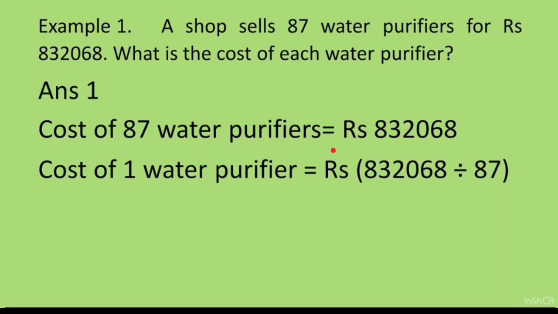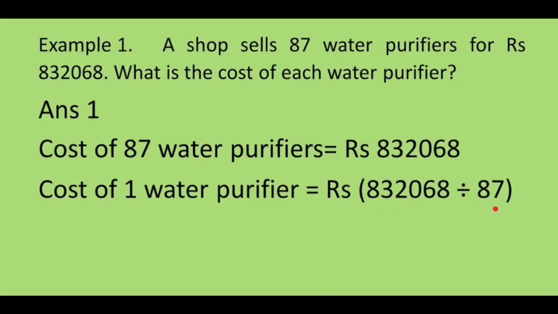After that, we have to find out what is the cost of each water purifier. Cost of one water purifier is going to be less than the cost of 87 water purifiers. So in this question, we will divide the cost of 87 purifiers, which is 832,068, by 87.